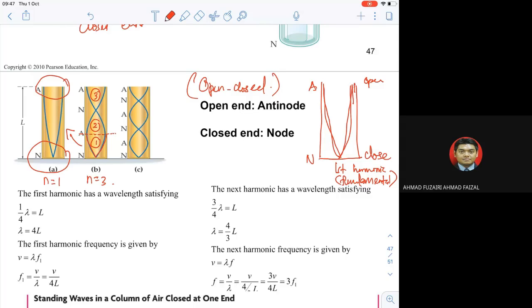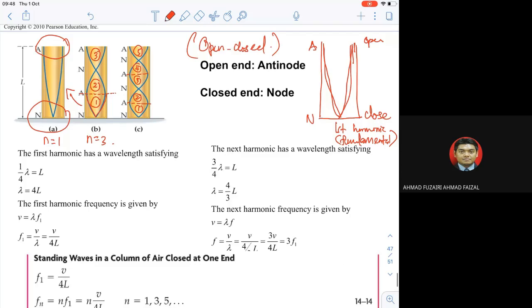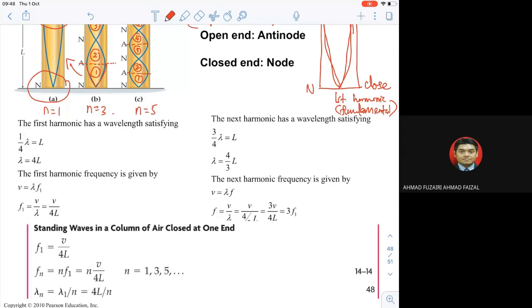And try to do on the figure C. Okay, belah. So you have one part, two parts, three parts, four parts, and five parts. Okay, so this is n equals to 5. Hey, what happened to n equals to 2? N equals to 4. Mana pergi dia? Okay, so sebenarnya for the open close end, n is not an even number.